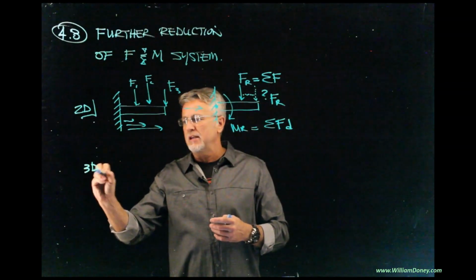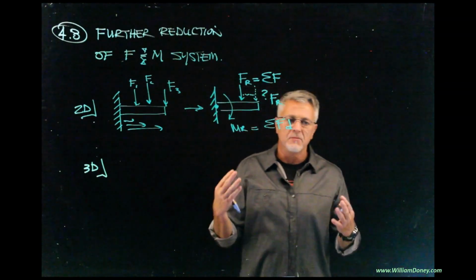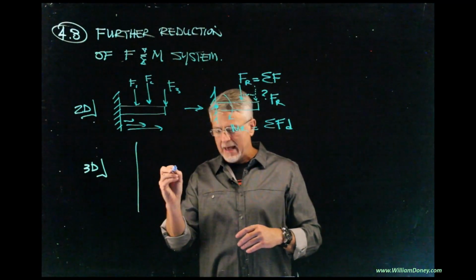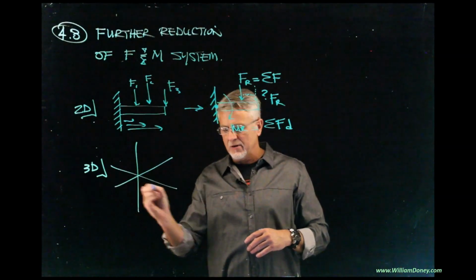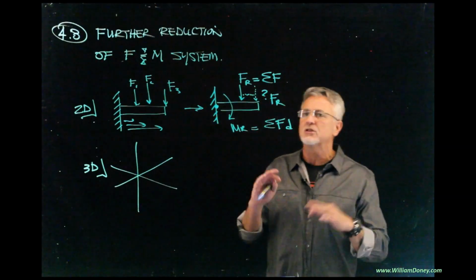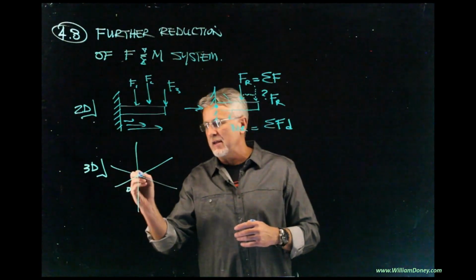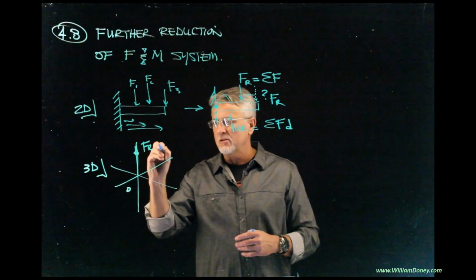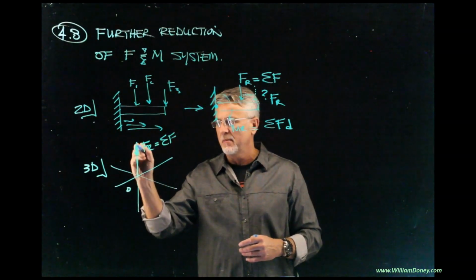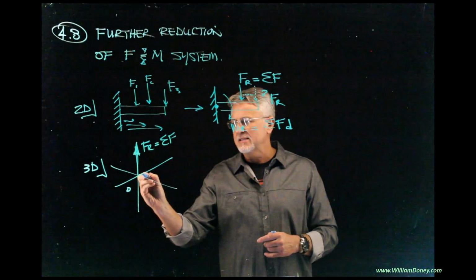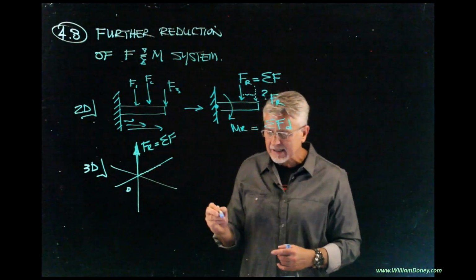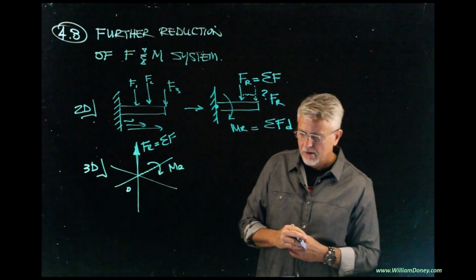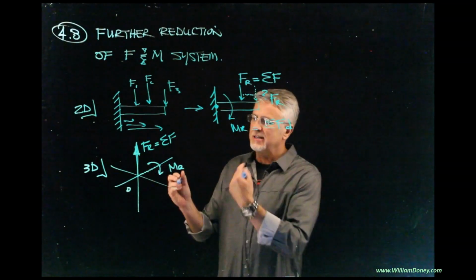If we're in 3D real quickly, and you'll see this when we get to problems, I just want to walk through something generic. We have this here in 3D, and let's say we go through the solution and we're finding everything about point O. We find out that there's a force here, our resultant force, which is adding up all the forces. And let's say about this negative x-axis, we have a resultant moment, and that was counterclockwise, so that's in the negative x direction.